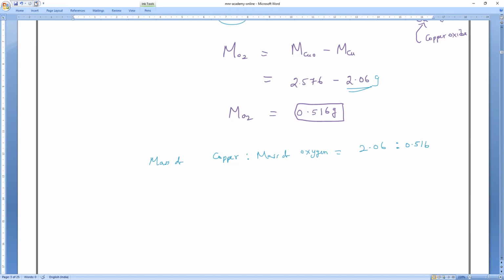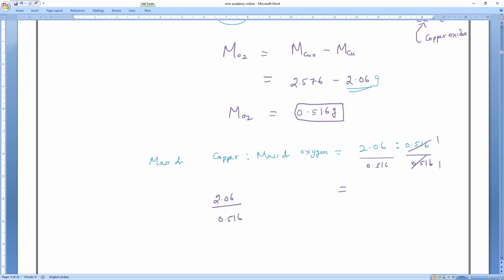Now I want to find the ratio properly, so it is not proper like this. I will divide both sides by 0.516, which is my choice. Both I am dividing, so the ratio remains constant. So that will become 1.